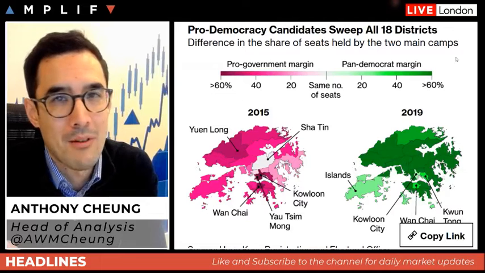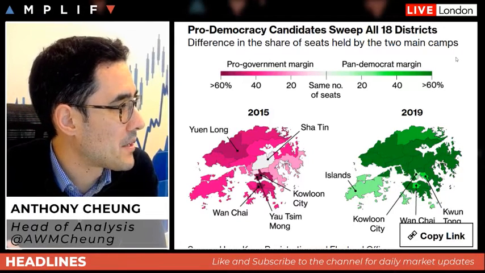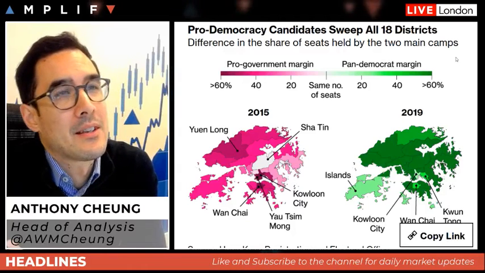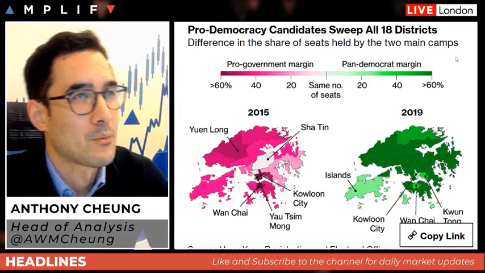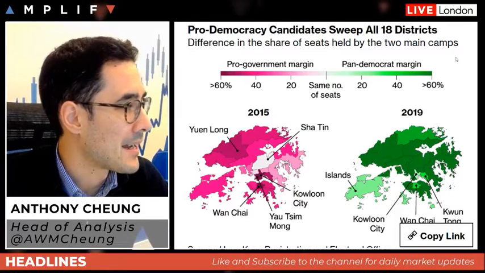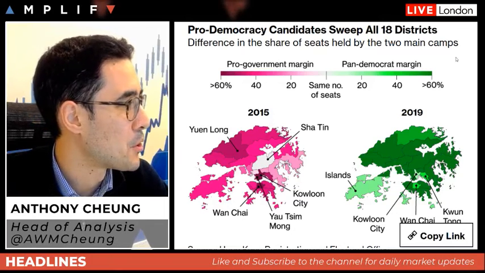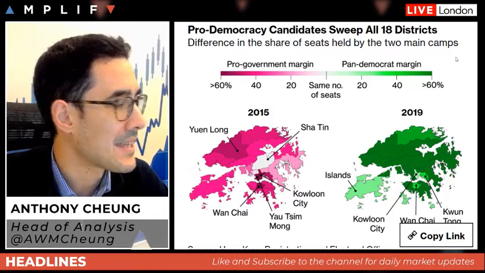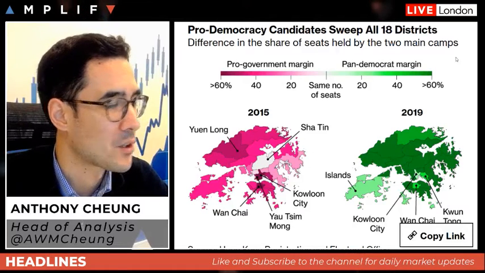That was up from around 25%. And so a much bigger swing, given the push from mainland China via Carrie Lam, and the pushback with the anti-government protests, which have been going on for the last few months and obviously turned quite violent.